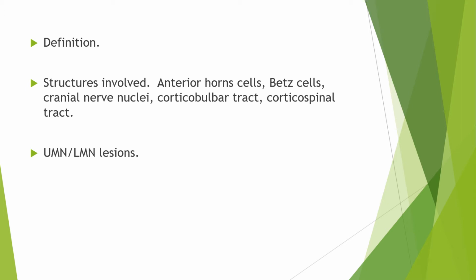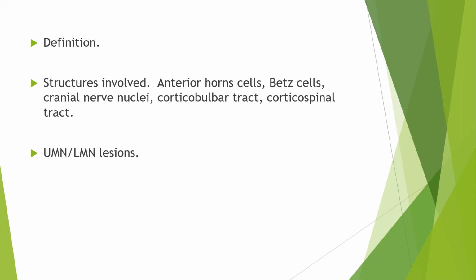There may be disease of Betz cells, or cranial nerve nuclei are involved, or the corticobulbar tract. The corticobulbar tract relays signals to the cranial nerve nuclei, while the corticospinal tract gives signals to the anterior horn cells in the spinal cord. So these are the structures involved in motor neuron disease, and any combination of these structures may be involved in any case.